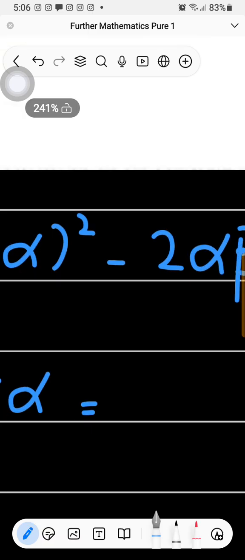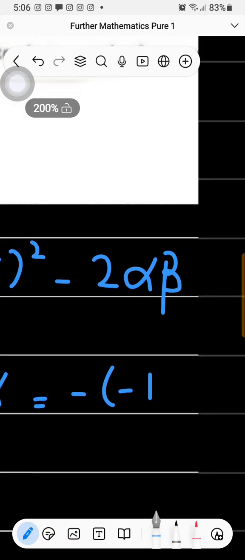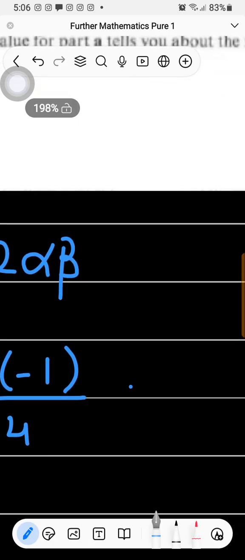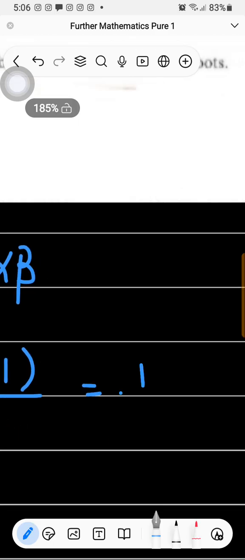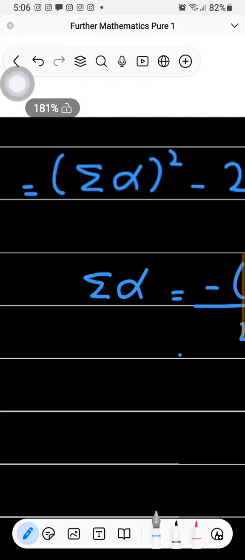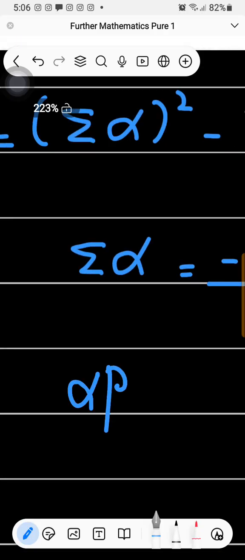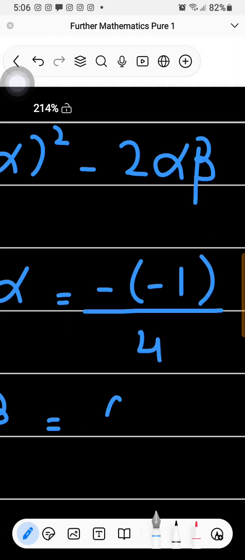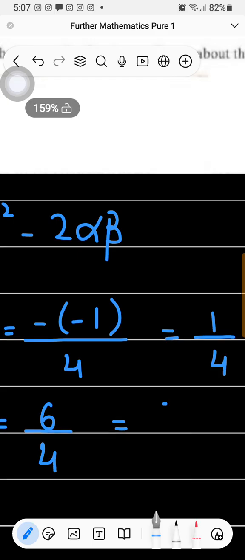Negative b means negative 1 upon 4, so it is equal to 1 upon 4. And alpha beta is c upon a, means 6 upon 4, which means 3 upon 2.